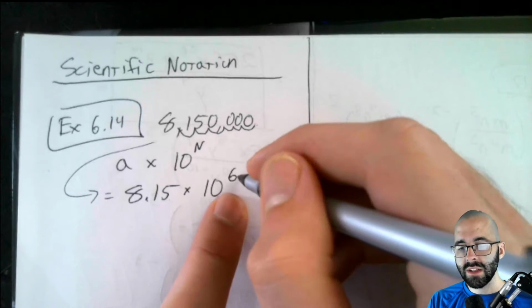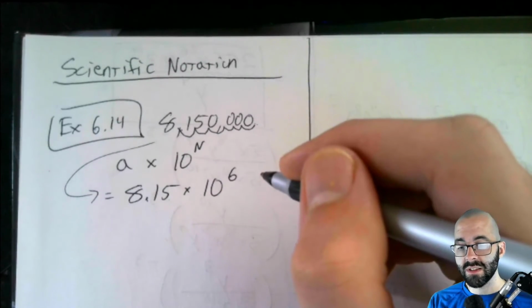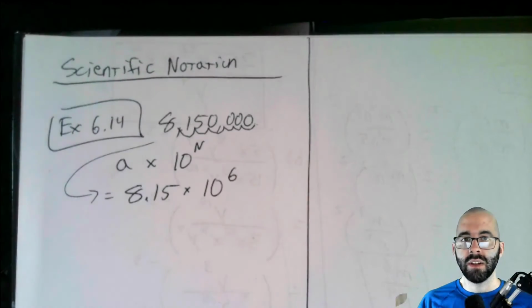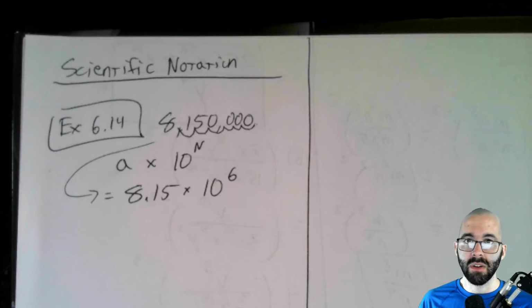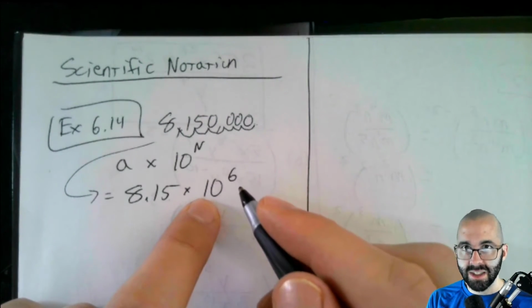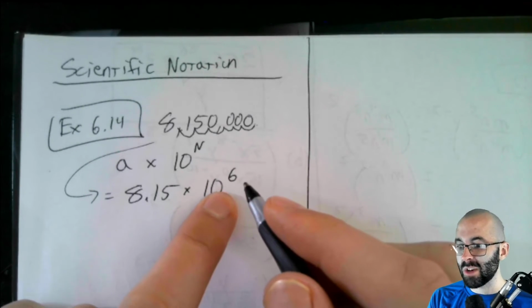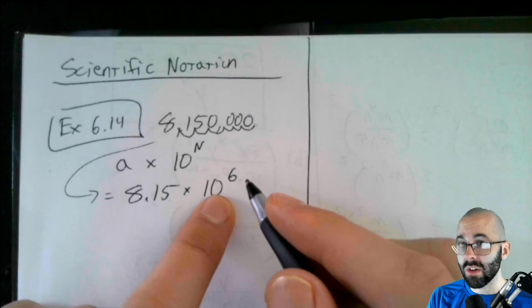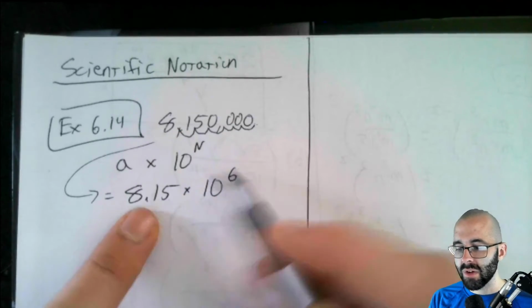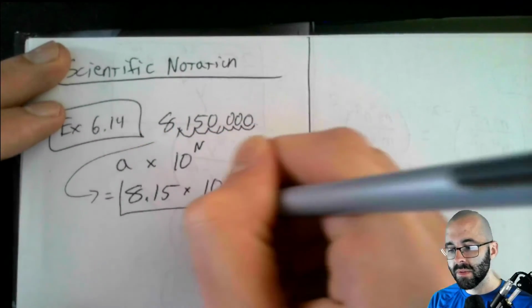The last question is, should the 6 be positive or negative? Which way are we moving the decimal place? A positive exponent is going to be a bigger number in this case, right? 10 to the 6th, that's 10 times 10 times 10 times 10. A negative exponent, remember, negative exponent means we're dividing. It's getting smaller. So because this is a big number, it takes a big exponent to get us there.